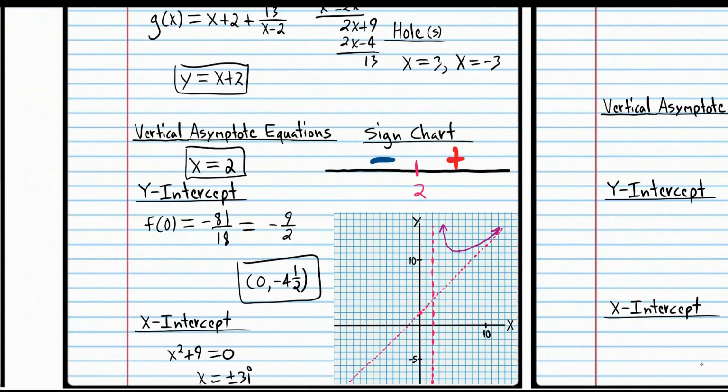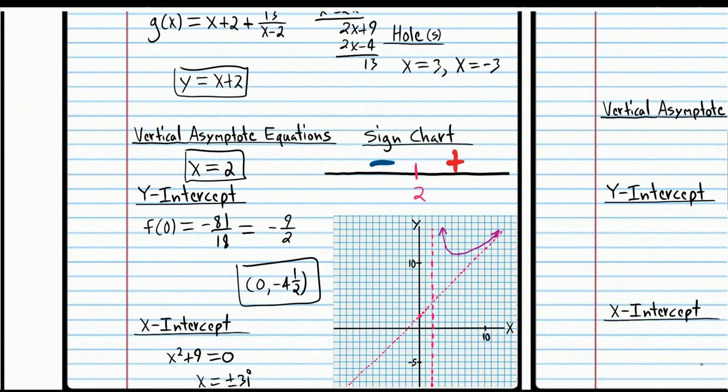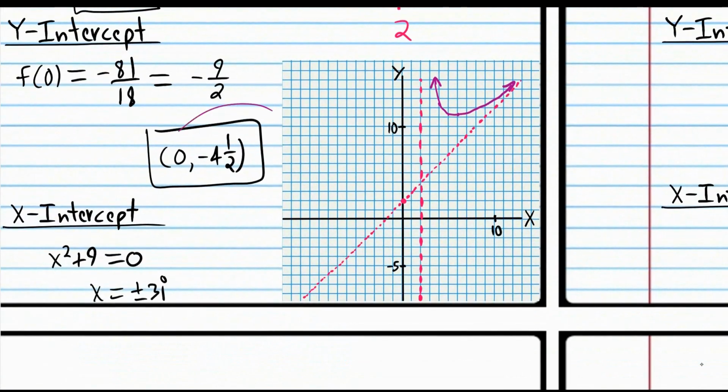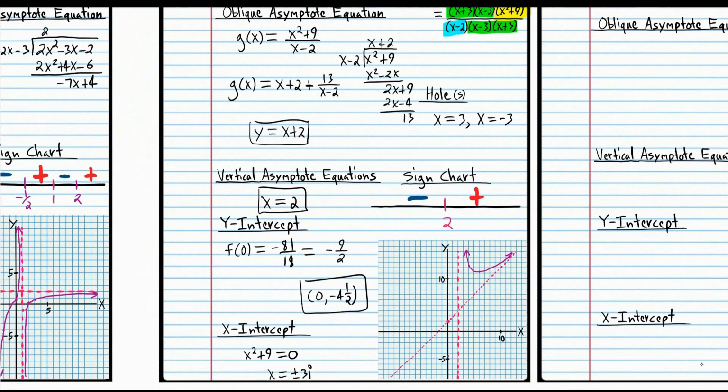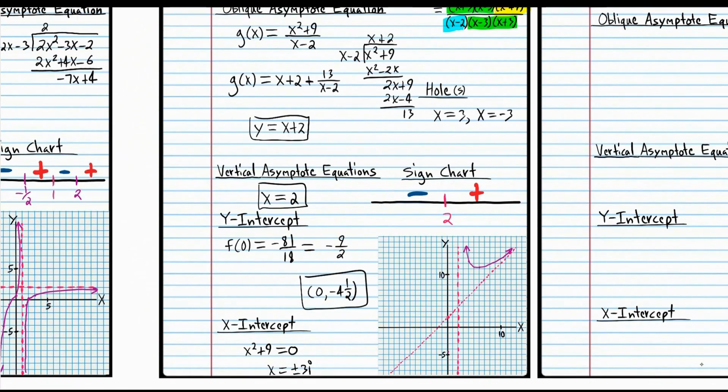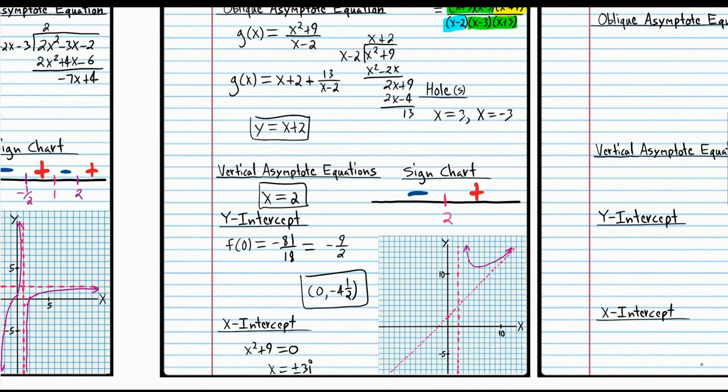And so now let's plug in 0. Actually, we already have 0. 0, negative 4 and 1/2 is there. Let's plug in 1. And we get negative 13 plus 3 is negative 10. That's off the chart though.